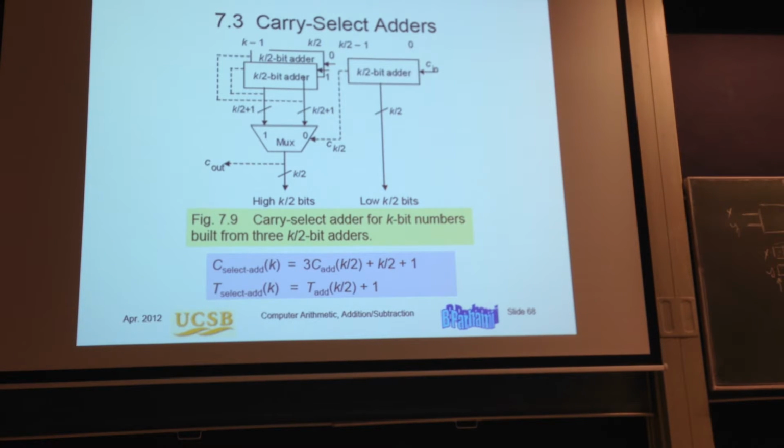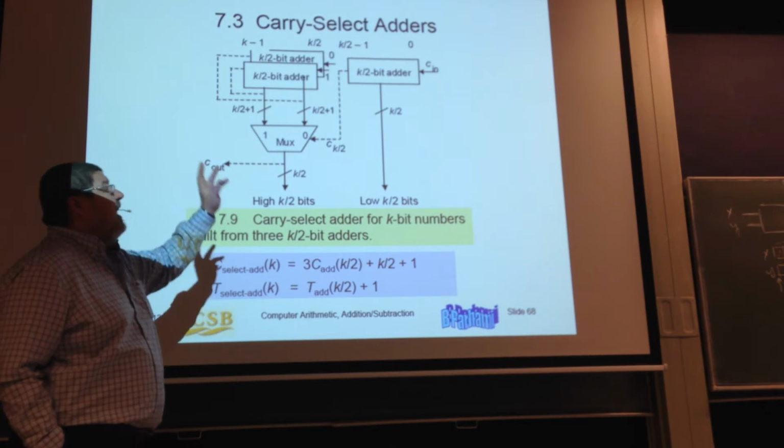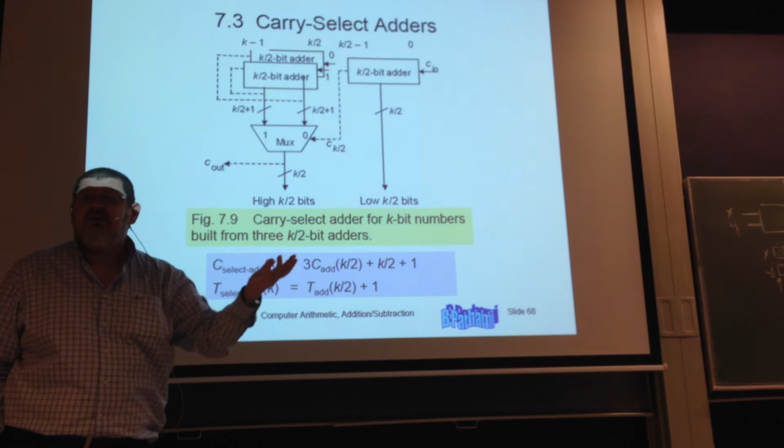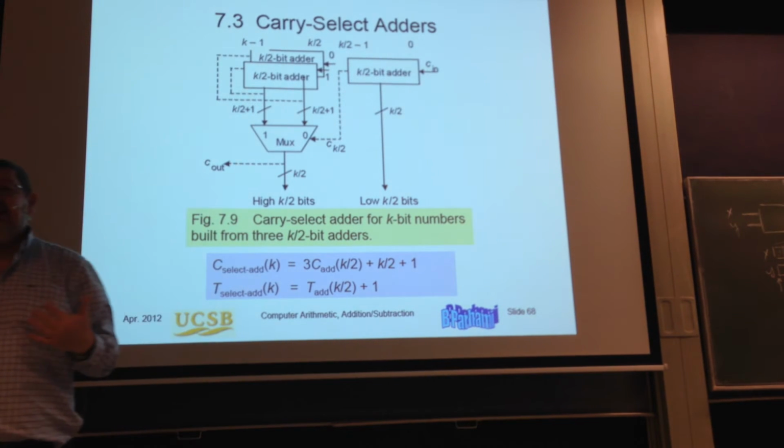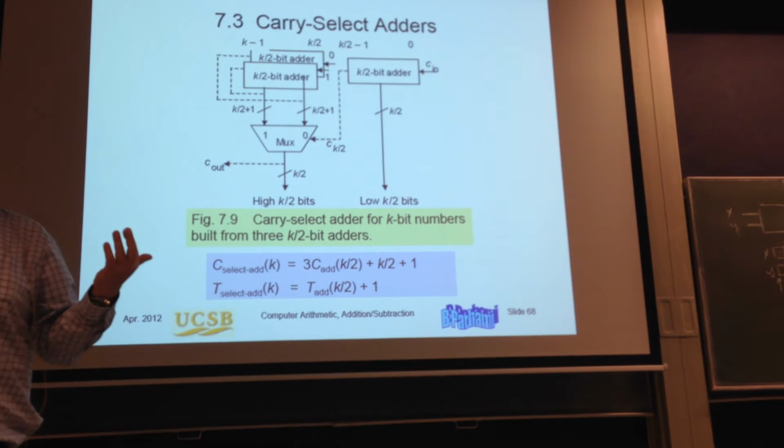Now, what we do in computer arithmetic is to do speculation on the carry. Then if I have a k-bit addition, I split it into parts. For the first part, which is the least significant part, I know the carry, and there is no speculation. But for the second part, I don't know the carry yet.